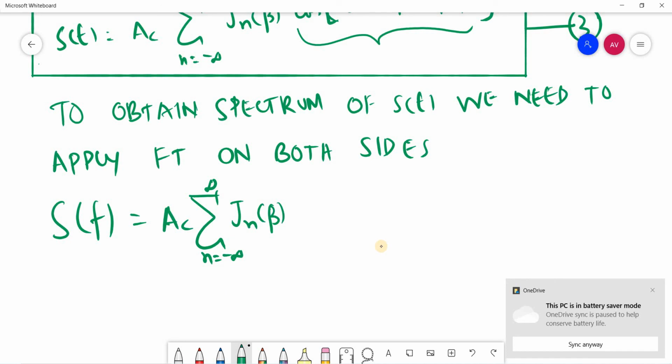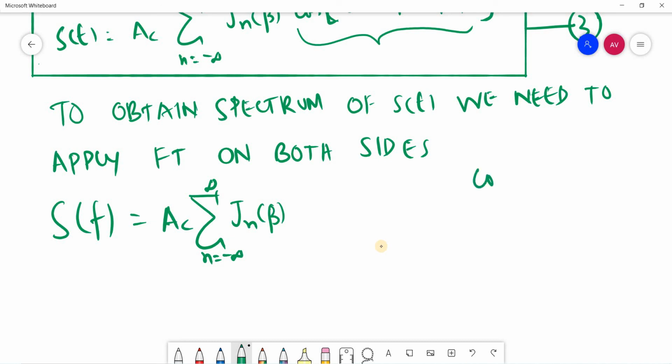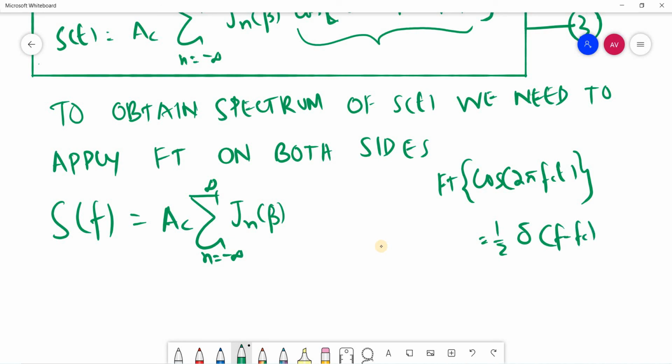The Fourier transform of cos 2 pi fc t will be half del of f minus fc plus half del of f plus fc.